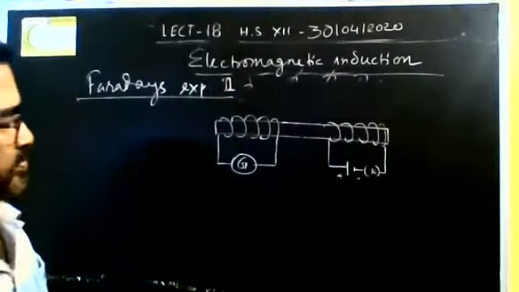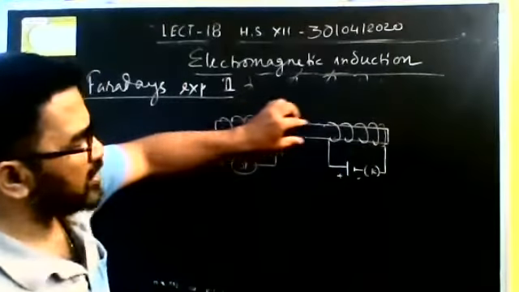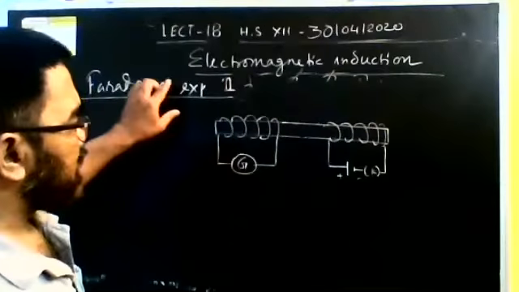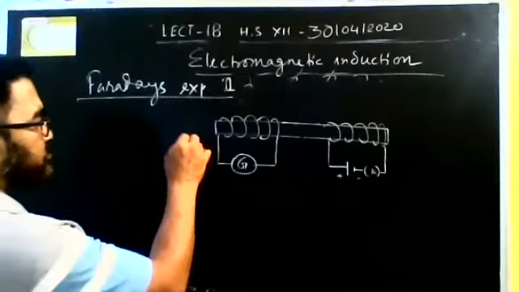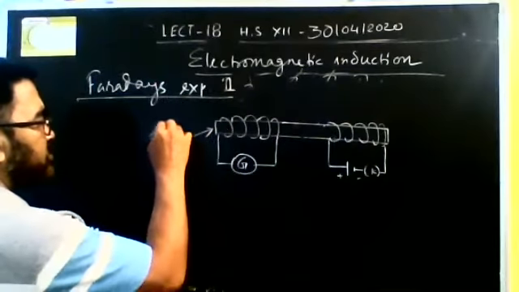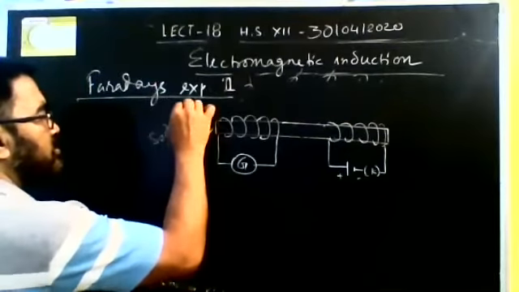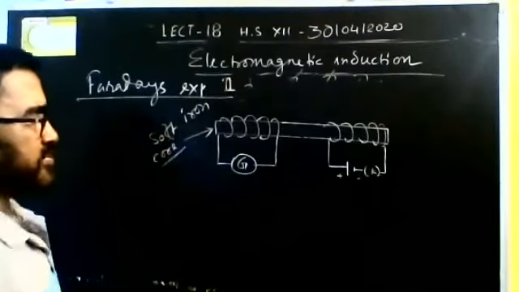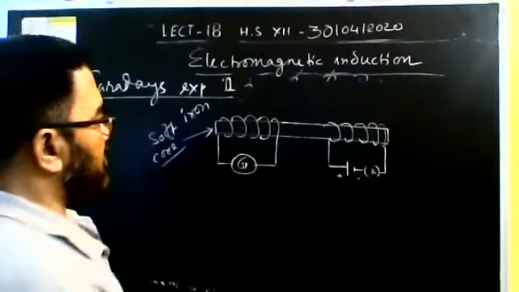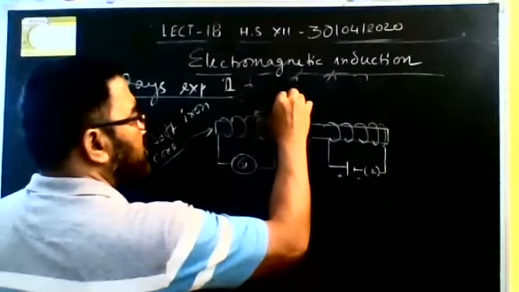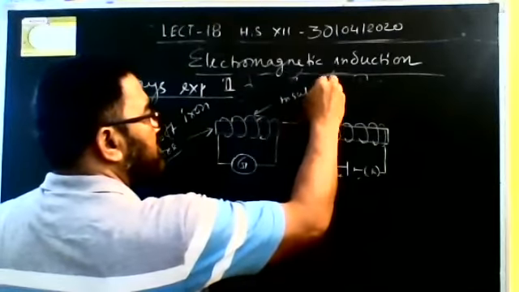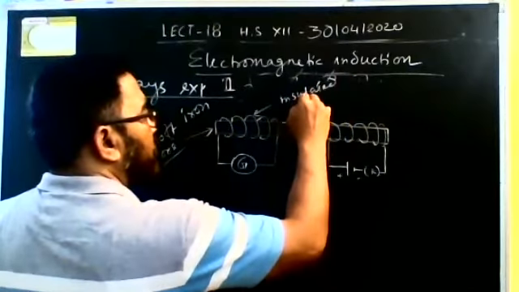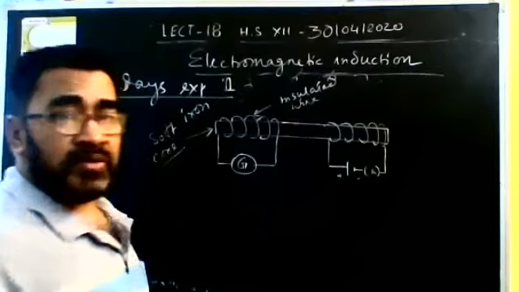You see, this soft iron core, in the second experiment, one soft iron core, core means moja, and insulated wire, maybe copper wire.